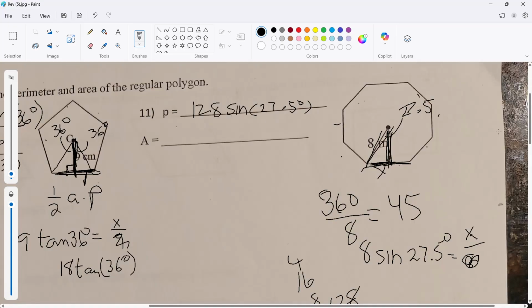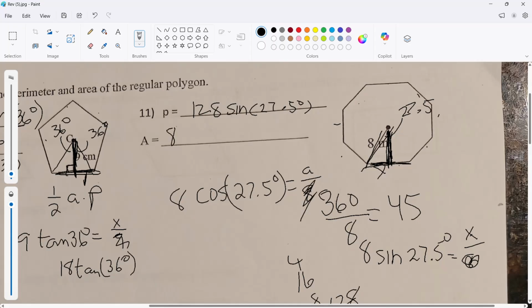Well, I need the adjacent, so I'm going to use cosine of 22.5 degrees equals the adjacent, which is the apothem, divided by the hypotenuse, 8. So I multiply both sides by 8, and 8 cosine 22.5 is the apothem.